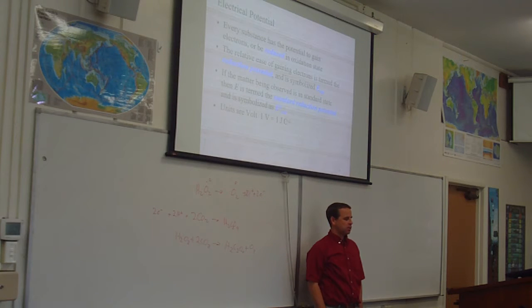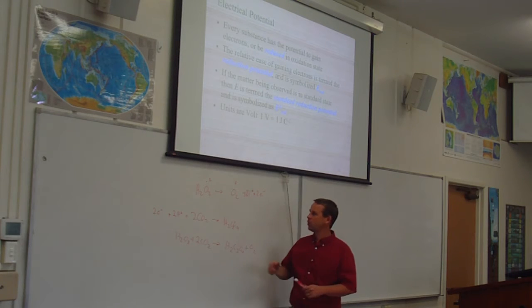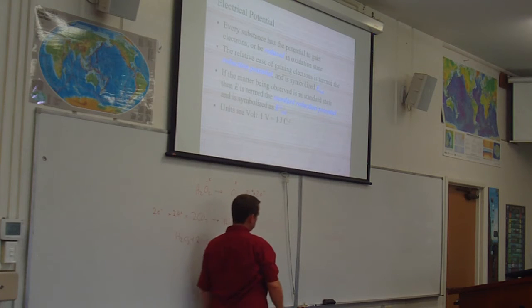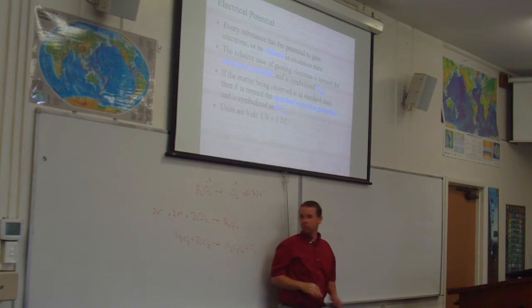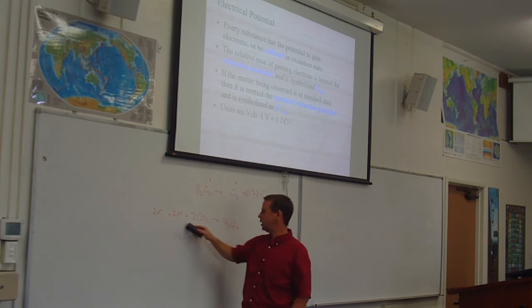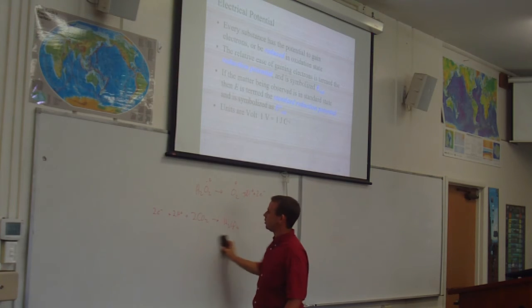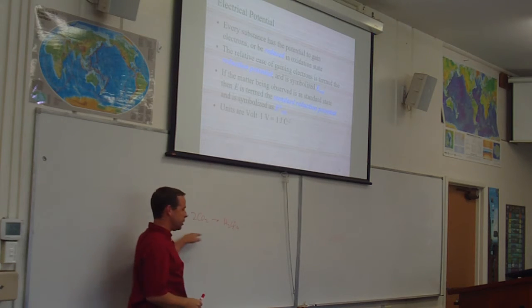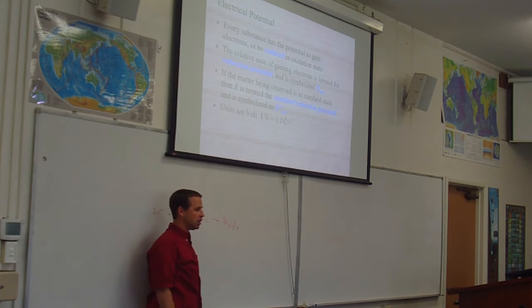Okay, so a table of reduction potentials is going to look like which one of these, top or bottom? Bottom, where it's some sort of chemical reaction with electrons going in to the reactant, right? So this is an example of a reductive half reaction, right?